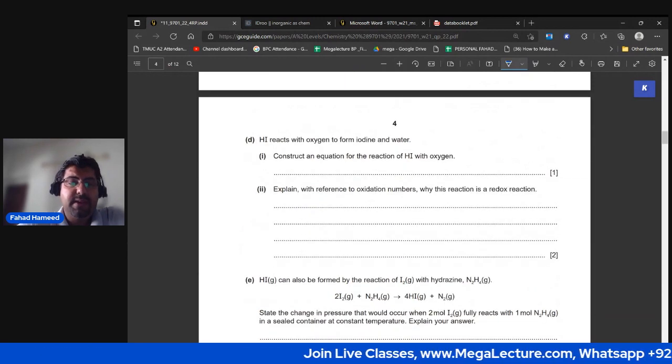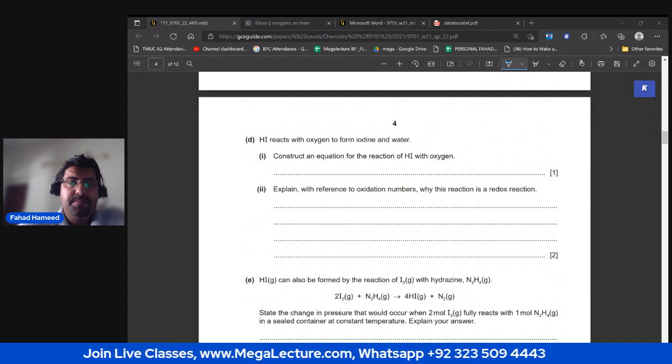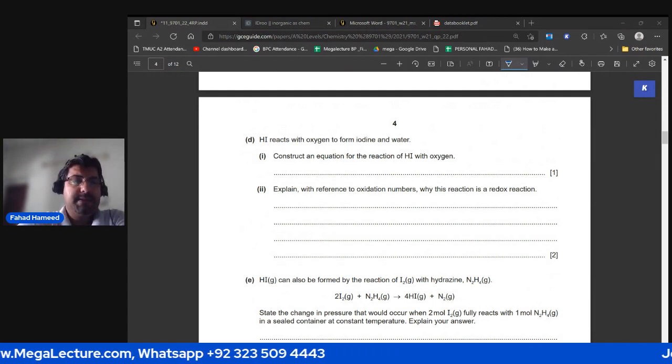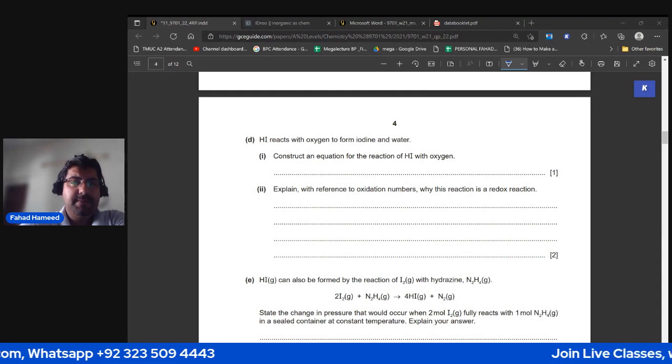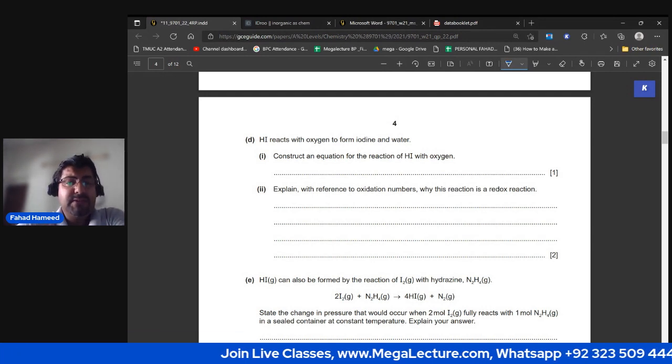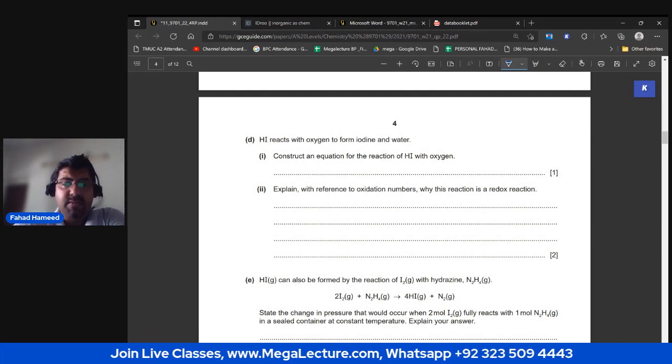The next one is, okay, so now let's focus on the next one. It says HI reacts with oxygen to form iodine and water. Construct an equation of HI with oxygen.